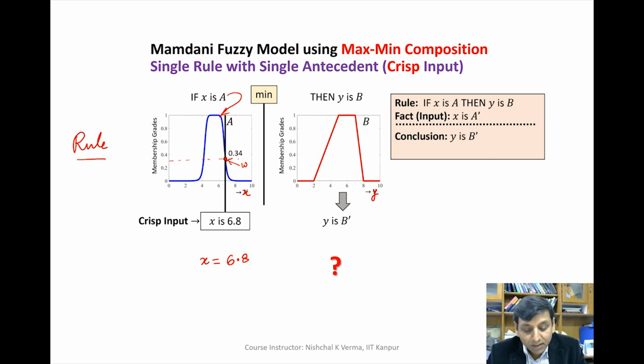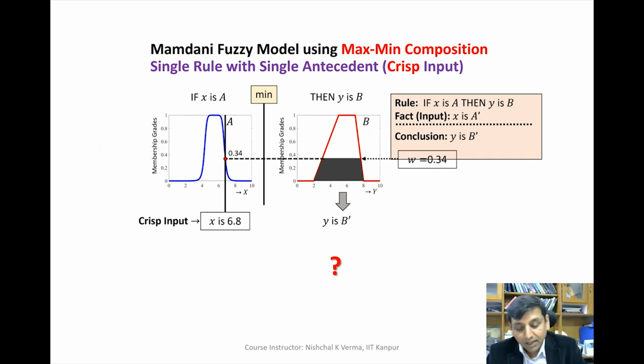With this we move forward and use this value to truncate the output fuzzy set. The output fuzzy set here is B. So for the point corresponding to the input x equal to 6.8, we have this as the W, and we use this W after either min or product.